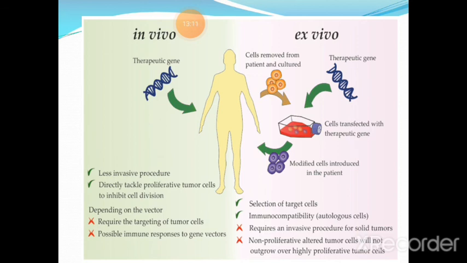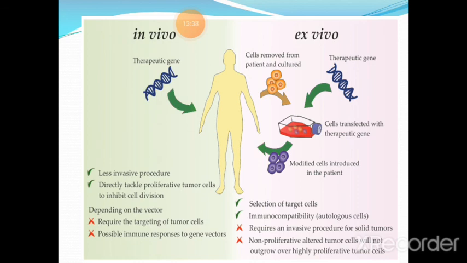Coming to ex vivo gene therapy, where the cells are removed from the patient, they are cultured, and then therapeutic genes are put into them, that is, cells are infected with good genes or therapeutic genes, and these transformed cells, I mean cells with therapeutic genes, are put back into the patient's body.